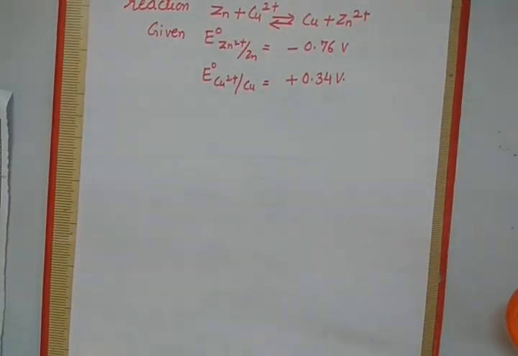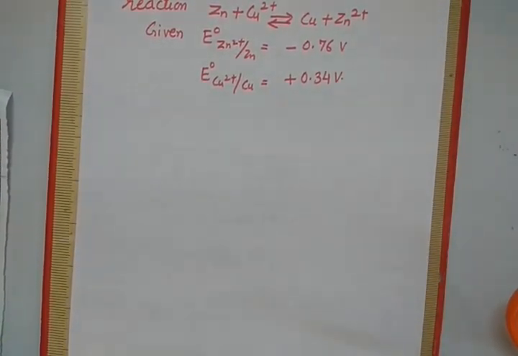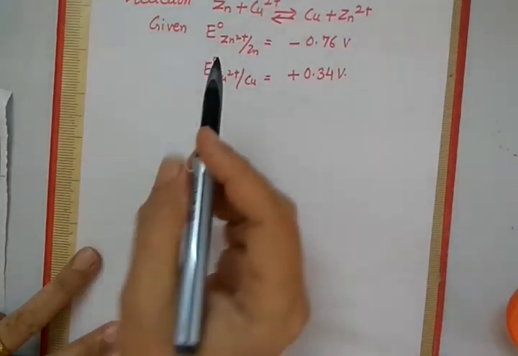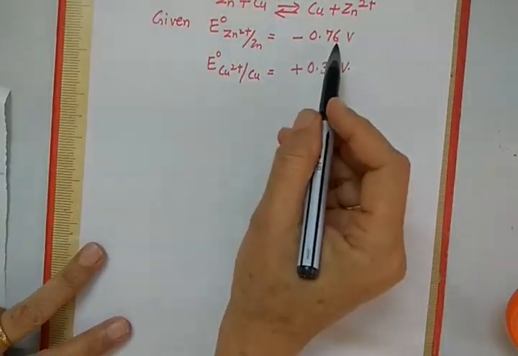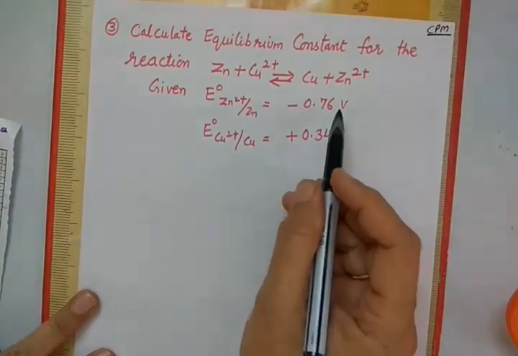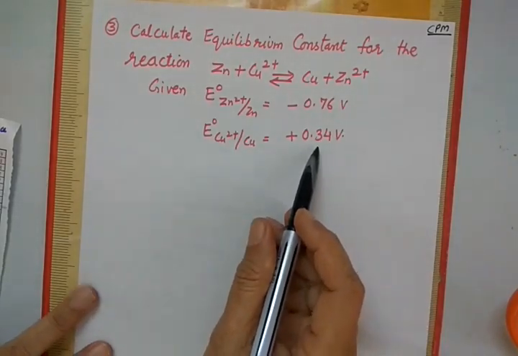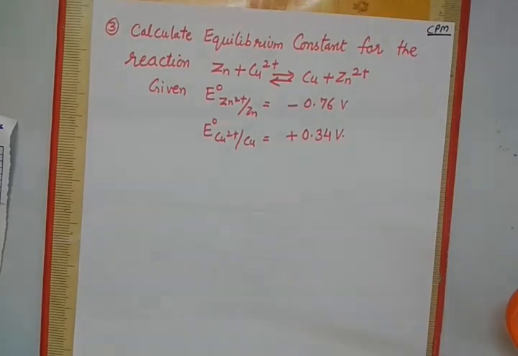Let us do one more. Calculate the equilibrium constant for the reaction Zn plus Cu2 positive gives Cu plus Zn2 positive. Given E naught standard reduction potential of zinc is minus 0.76, right? And for copper it is 0.34. Now if you remember, I can show you the formula again for log Kc.